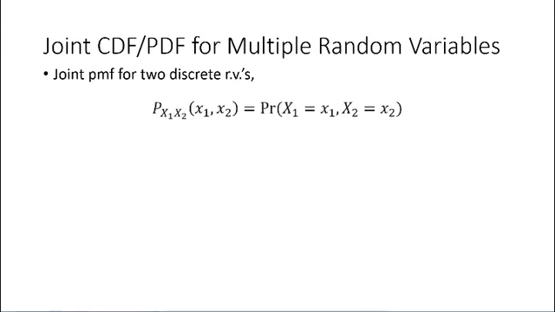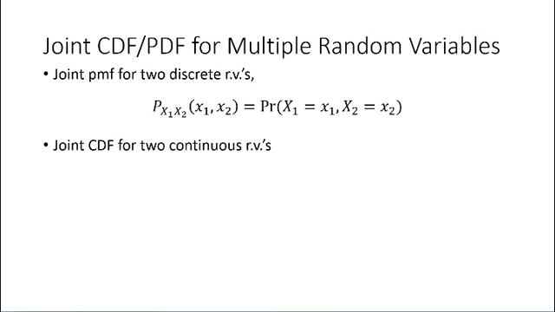We have just introduced the CDF and PDF for one continuous random variable. Recall that for multiple discrete random variables, we have a joint PMF, which describes the joint distribution of multiple discrete random variables. For multiple continuous random variables, we also have corresponding joint CDF and joint PDF.